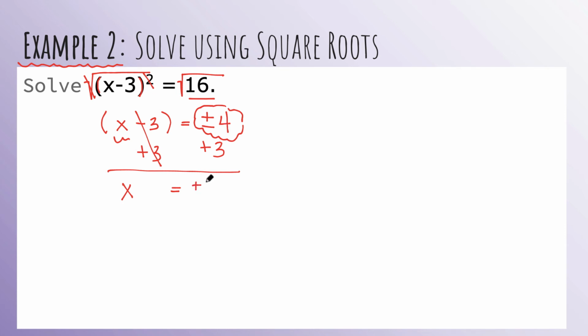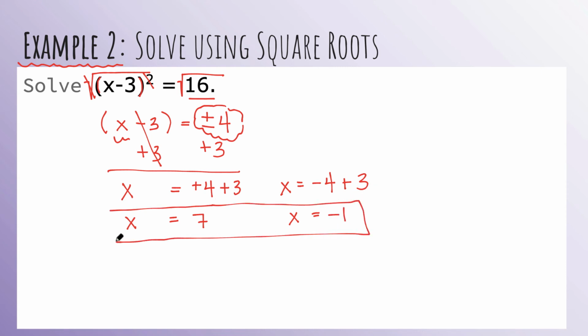So let's start with plus 4 and add 3 to it, and over here, let's look at it when this evaluates to negative 4 plus 3. We get x equals 4 plus 3, which is 7, and over here, negative 4 plus 3 gives us a negative 1. So notice we have two solutions here.